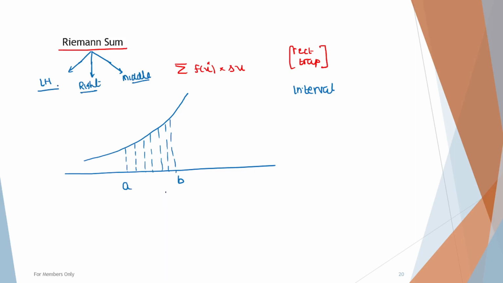In the left hand, you have to take the height of the rectangle at x equal to a, and for the next interval it will be a plus h, then a plus 2h, like in this form. So the area will be calculated like this. But when you take the right point as the height of the rectangle, then its area will be like this from here.